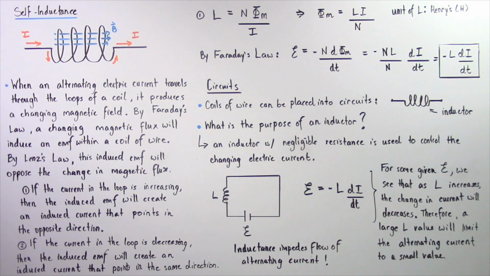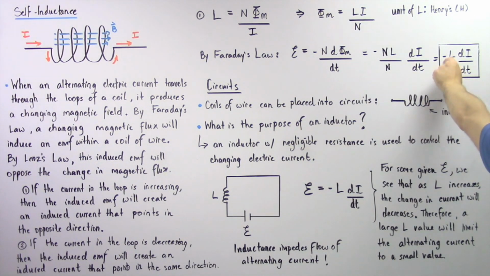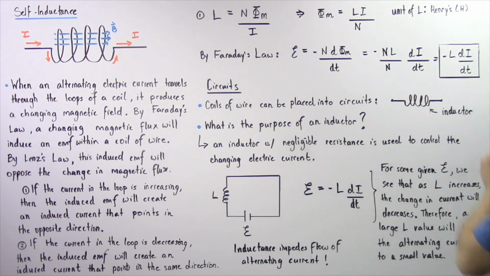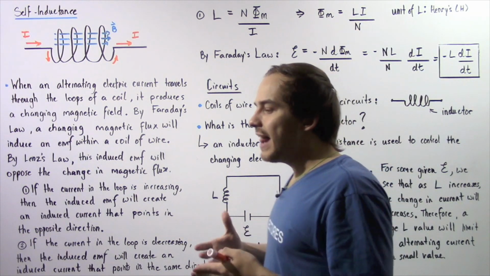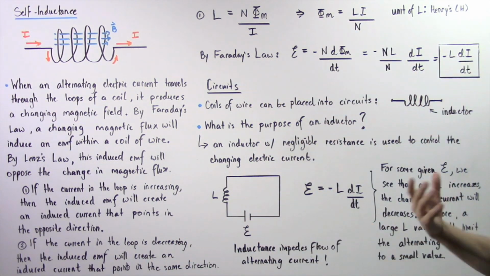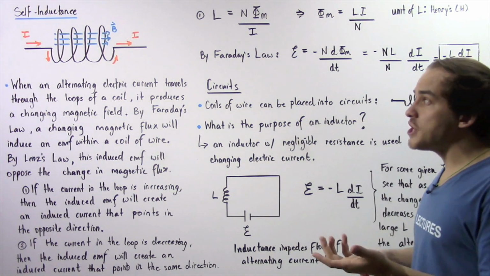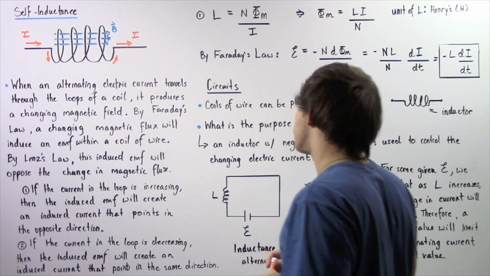So our EMF is equal to negative of our inductance L multiplied by di dt. So L is essentially a constant, but L depends on the type of coil that we are using. It depends on things like the shape, size, and the distance between our coils.